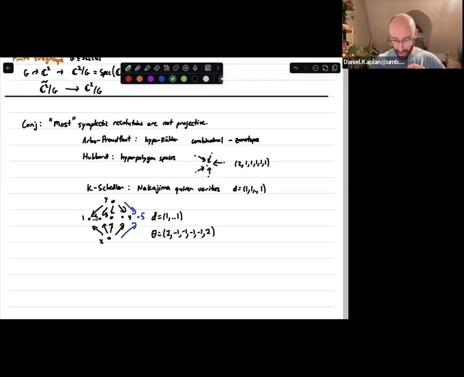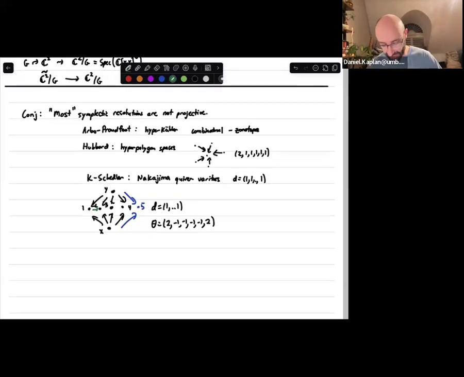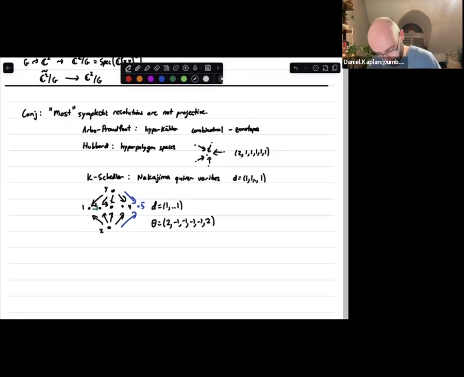Okay, so the more precise statement is we do this for a large class of quiver varieties. And we have, in some sense, minimal ones like the one shown before.